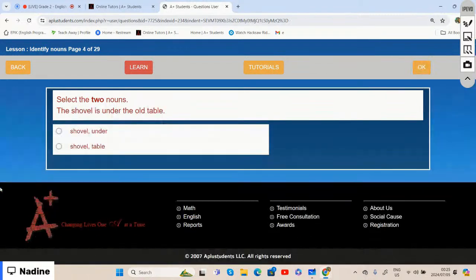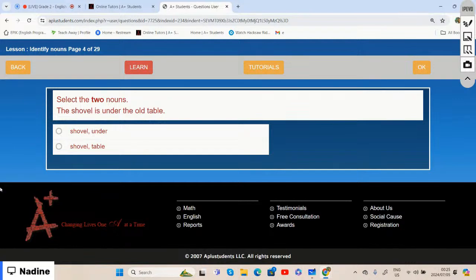We need to select two nouns within the sentence. It says, the shovel is under the old table. If we select the two nouns, is it option one, shovel and under, or option two, shovel and table?